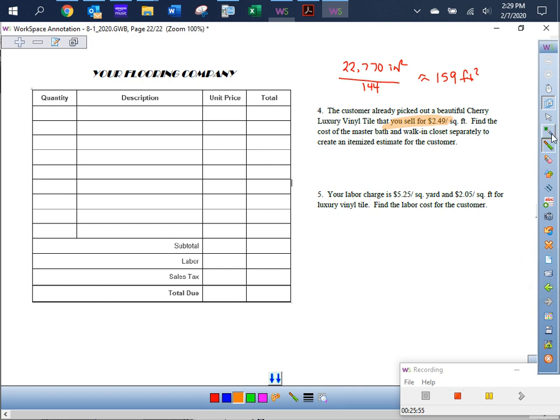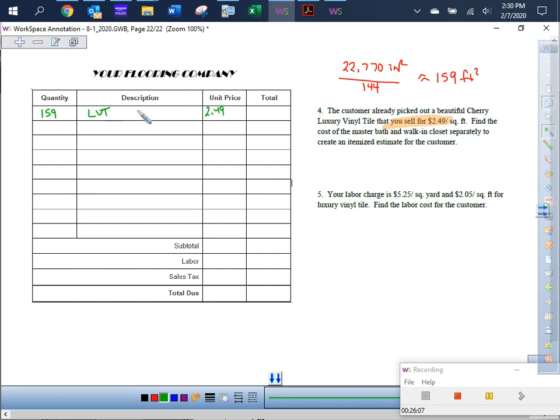I'm going to put LVT in here, and we need a quantity of 159 square feet, and it is $2.49 per square foot. So punching that in, 159 times 249, you can do that very quickly. I got $395.91. And you know what? That's it. There's no padding. It's like they just want that. So that's what we'd end up ordering.